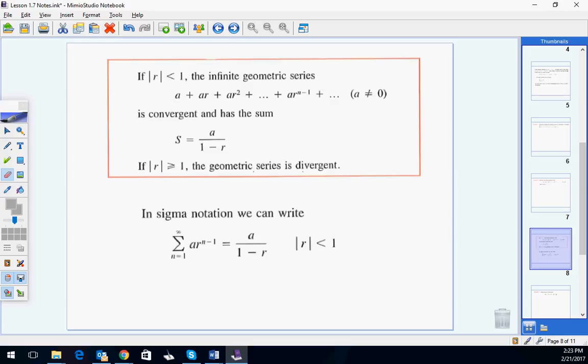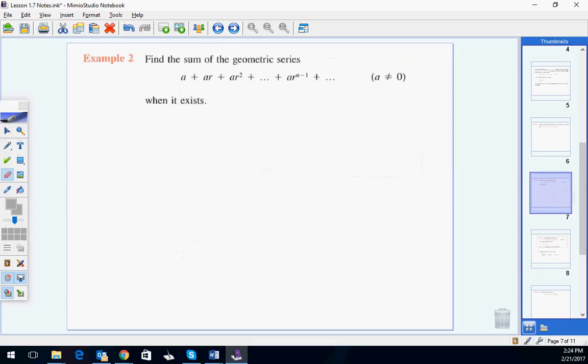In this term, a is the constant. R is like the variable that's growing, the thing that's changing in terms of an exponent. We'll look at that last one in a second, but we're going to be using this formula. I put that up there because we're doing a over 1 minus r.